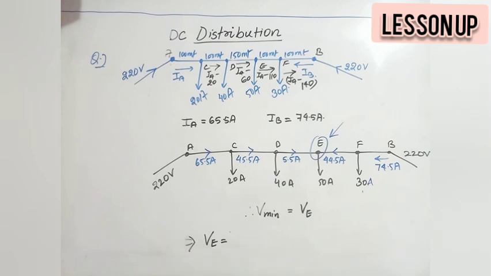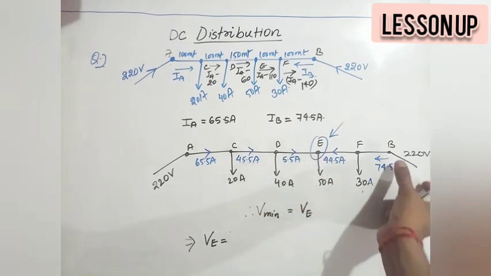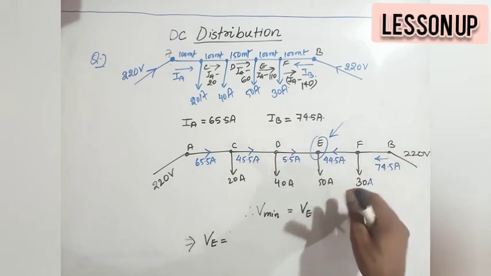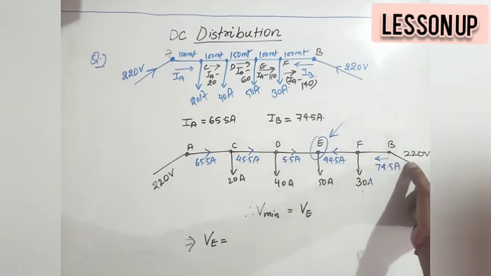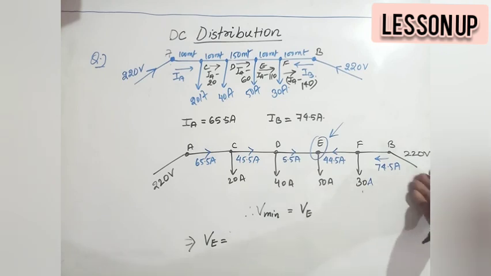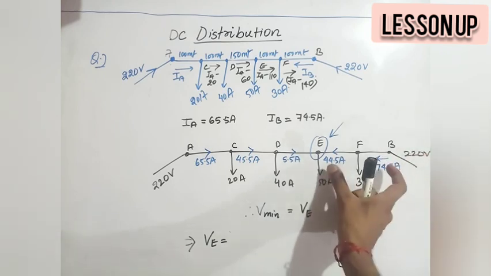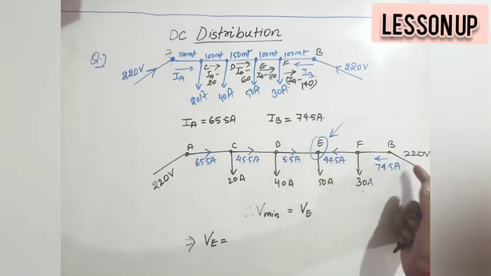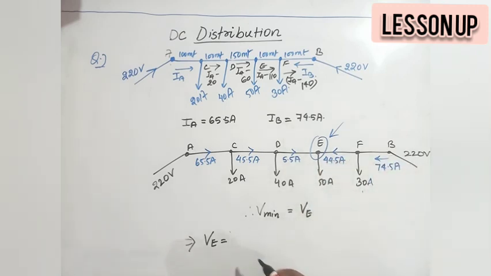To find the potential at point E, we need to subtract the drop from this 220 volt. So 220 volt is supplied from there, and whatever the drop happened between B and E should be subtracted.